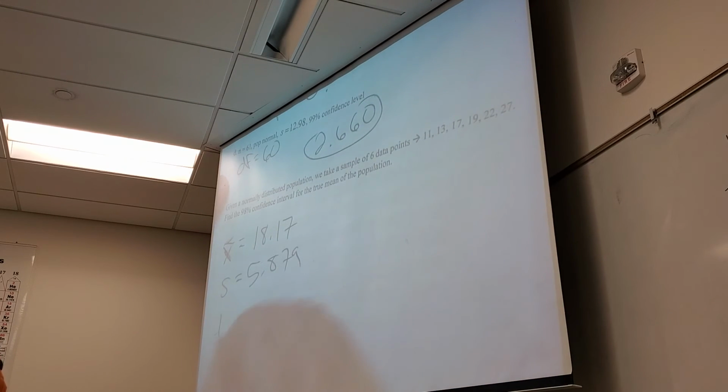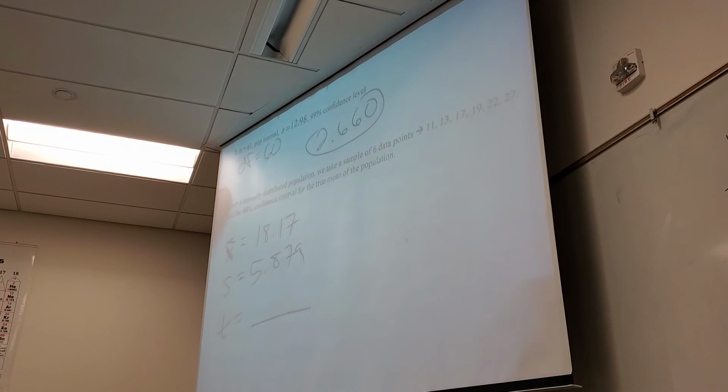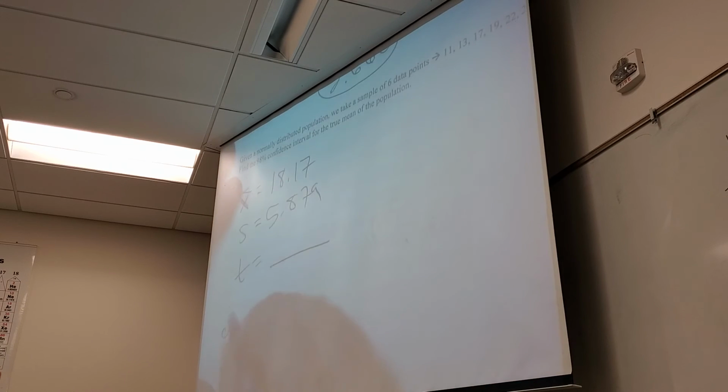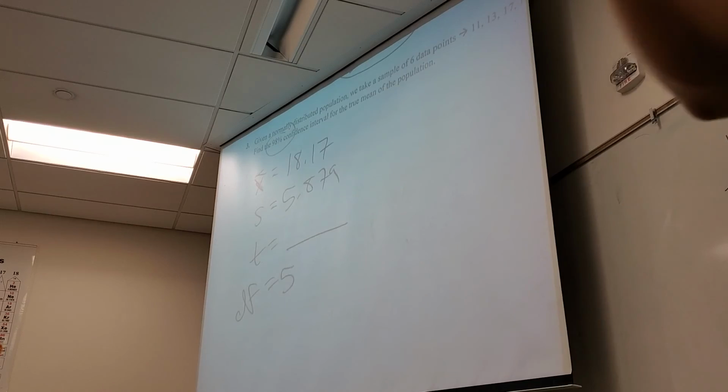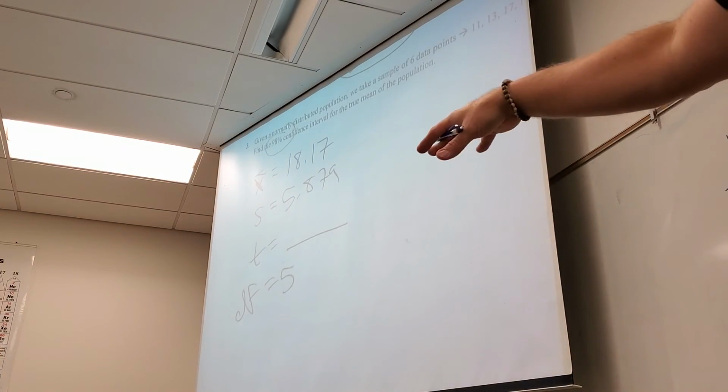So how do I find my T-score? What's my degrees of freedom? Good. And what's my confidence level? I want 98%. And I might as well tell you this right now. There's a symbol we use for the area in the tails or tail of a situation.